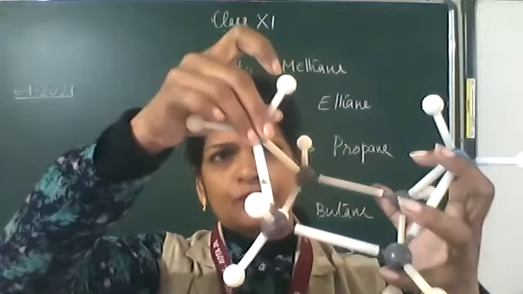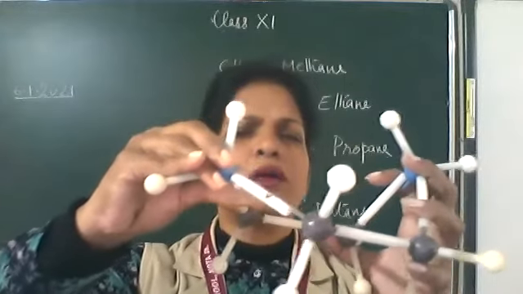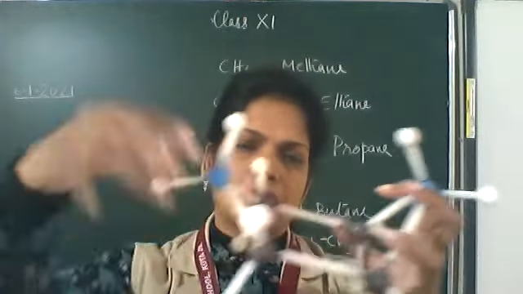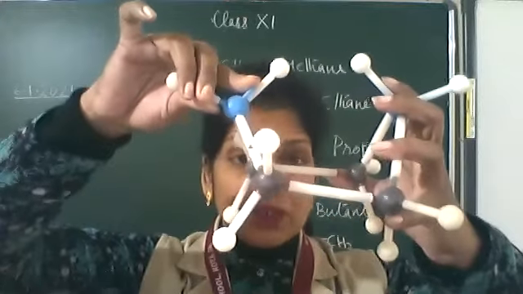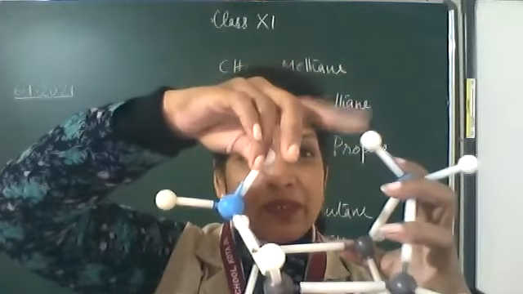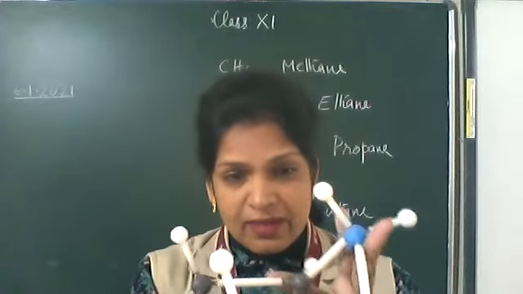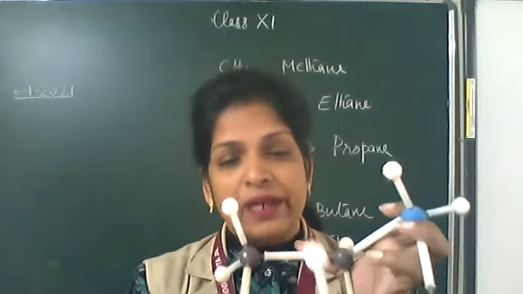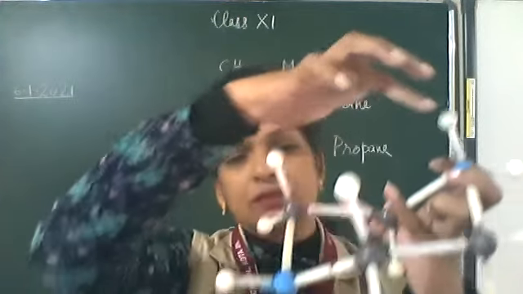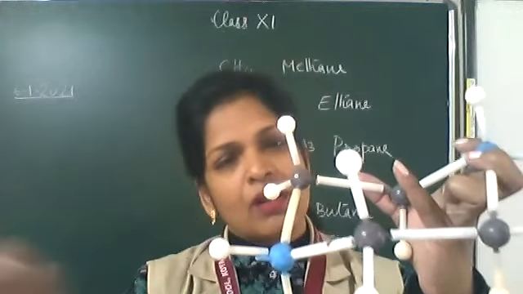These two are very close, this and this. So in boat format there is repulsion, but in chair format, I'm talking about cyclohexane, the chair is the most stable because this blue one carrying this hydrogen and this blue one carrying this hydrogen are far apart.